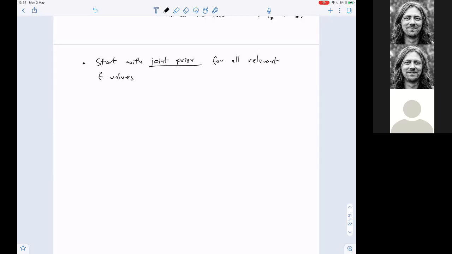So you start with a prior that describes all the f values, both your training data and your test point, because this is prior to actually looking at those function values that you know.